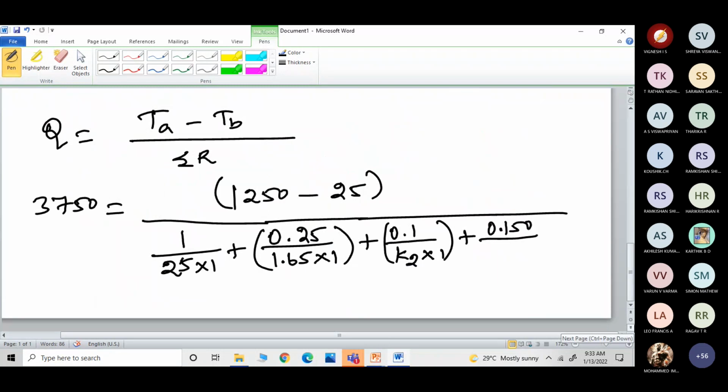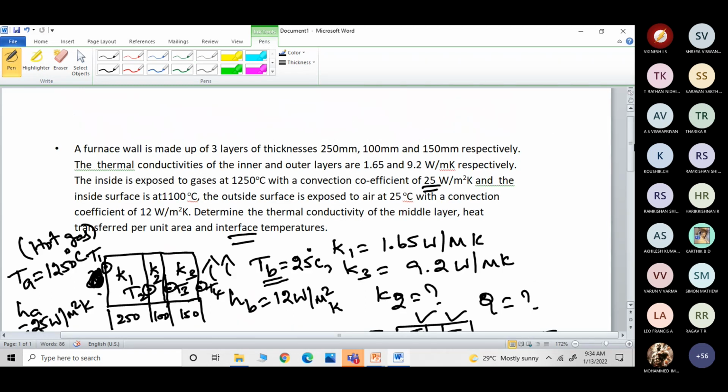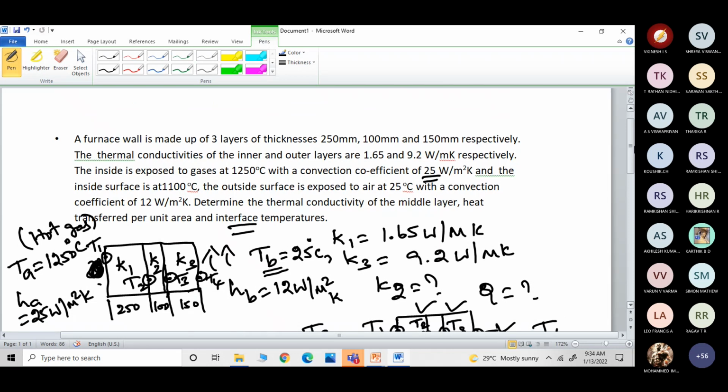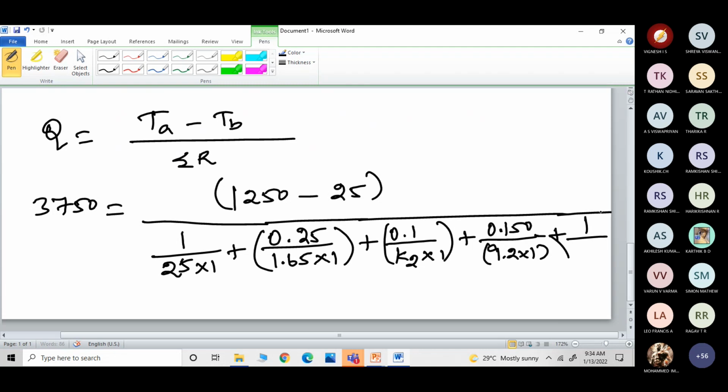All of you are able to understand how I am doing this? And finally, the last one, 1 by HB into A. The outer convective heat transfer coefficient HB is 12, so 12 into 1.